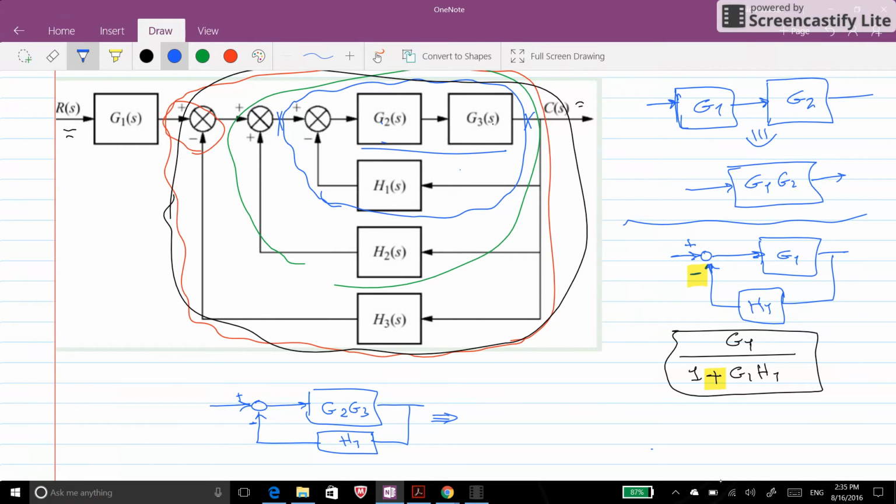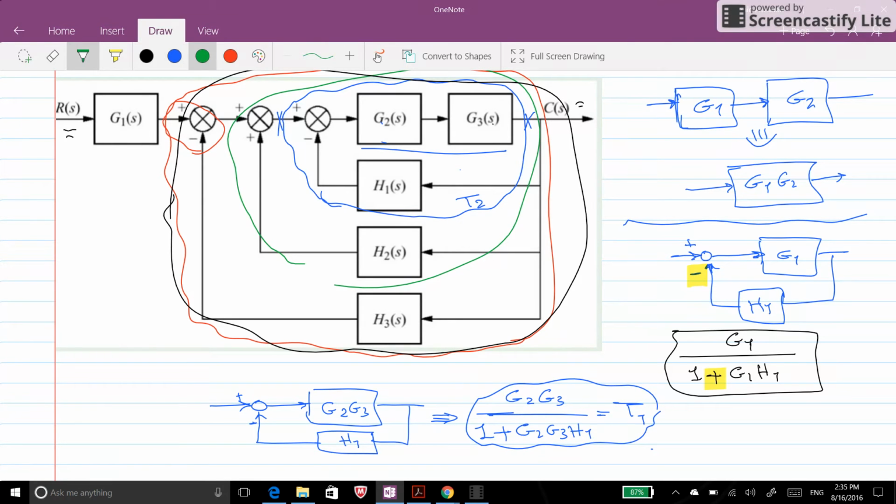The resulting transfer function will be G2 G3 in the numerator and 1 plus G2 G3 H1. I will call this T1. So here we have T1.